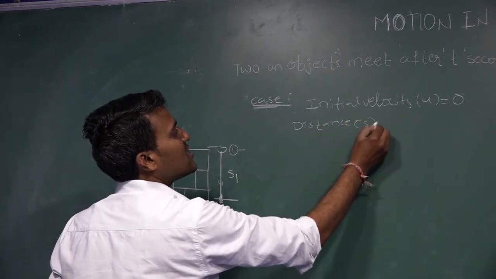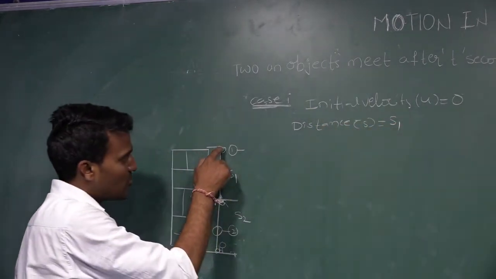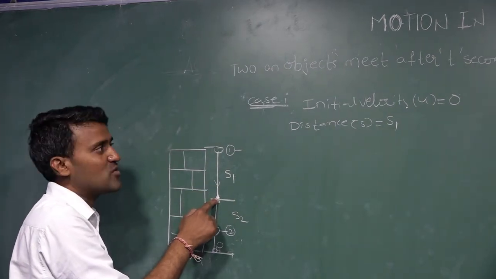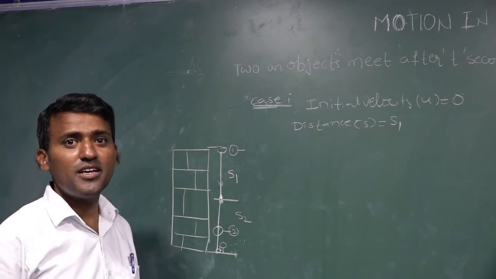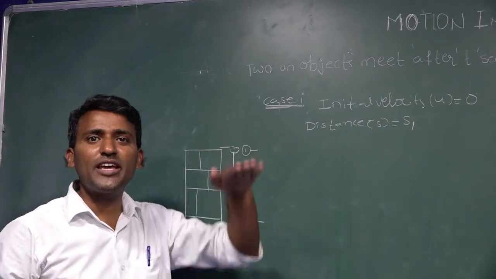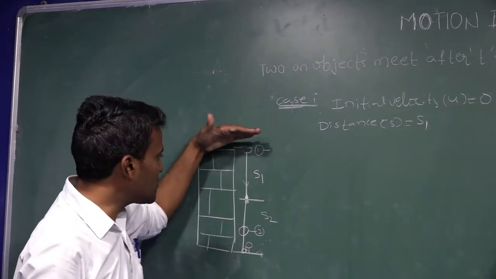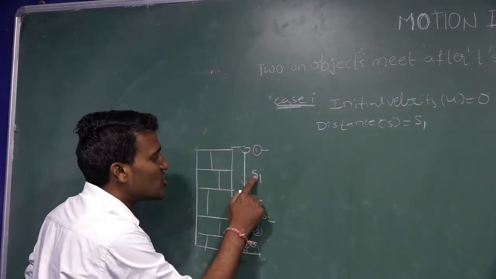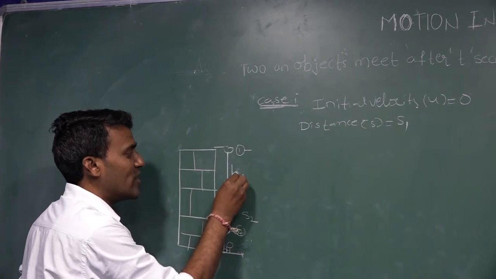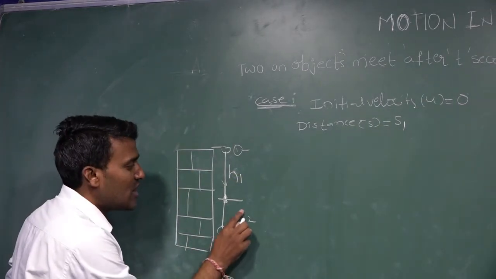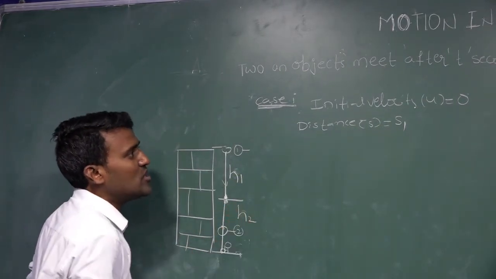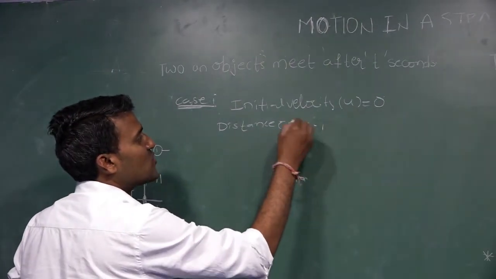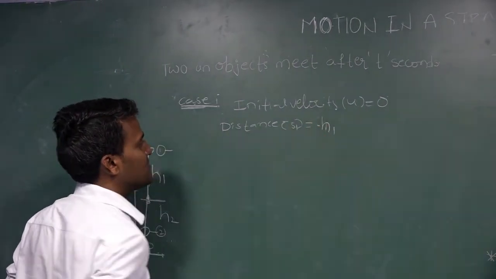That is s equal to s1, from here to here. But as I told you just now, the vertical displacement we can call height. So instead of s I am writing this as h1. This is s1 and this is h2. So the vertical displacement s1 is equal to h1.